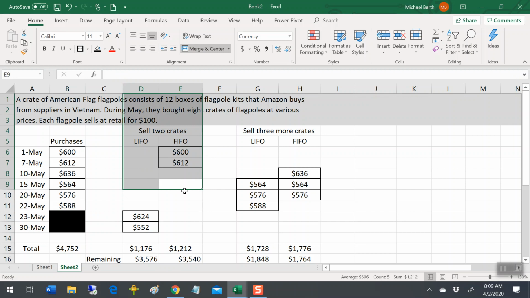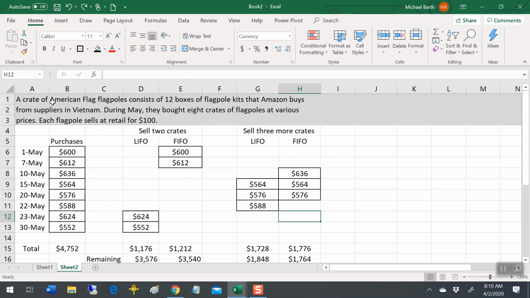So when we're doing LIFO, we just go backwards, or pick from the bottom of the stack. FIFO, we're taking it from the top of the stack. And you can see that there's a difference in the remaining inventory.